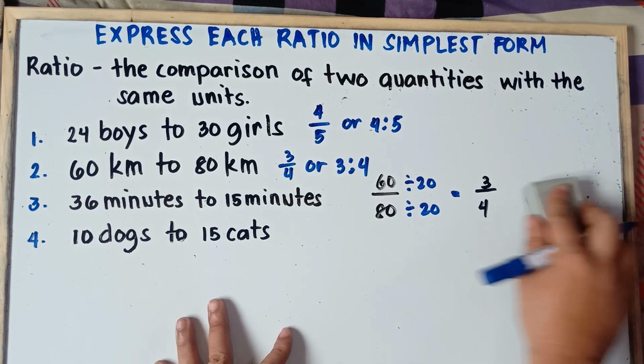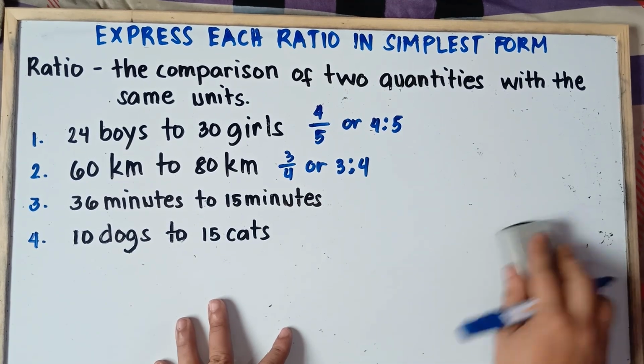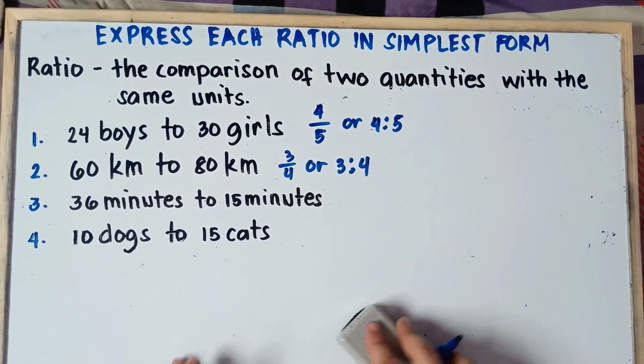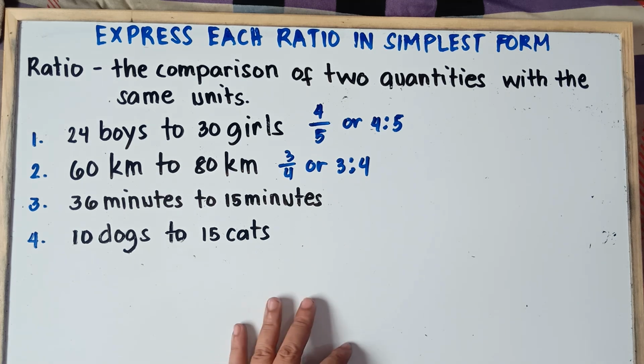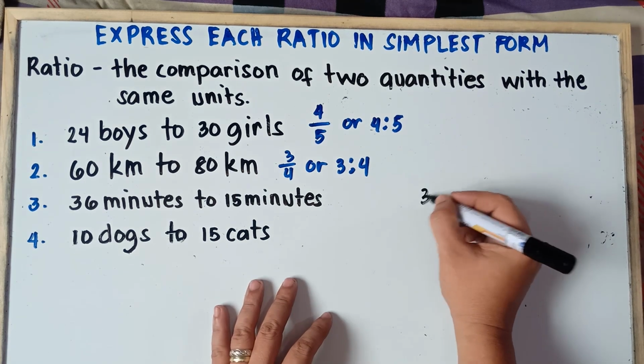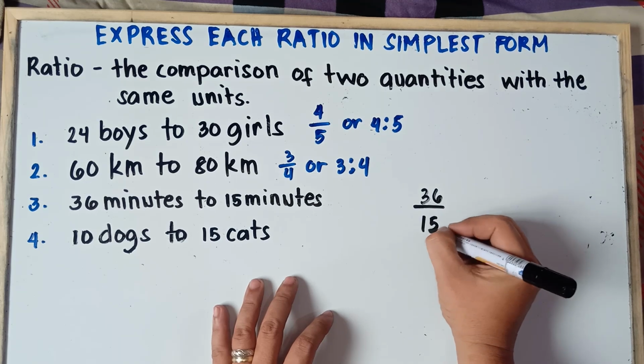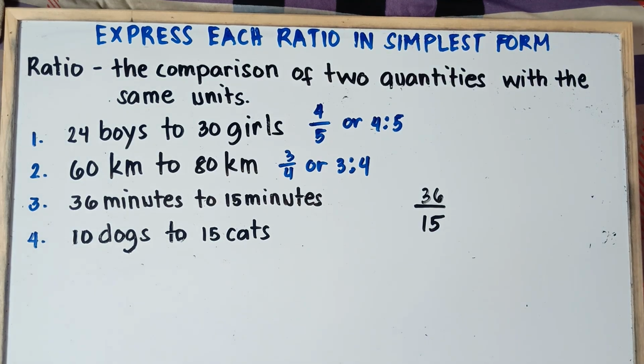Alright, so let's try number 3, class. Number 3. So we have 36 minutes to 15 minutes. So once again, write this in fraction form, 36 over 15. So what would be the greatest common factor of 36 and 15? Of course, that is 3, right? We can divide 36 by 3. We can also divide 15 by 3.